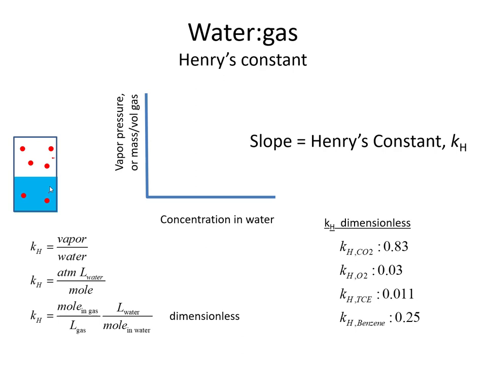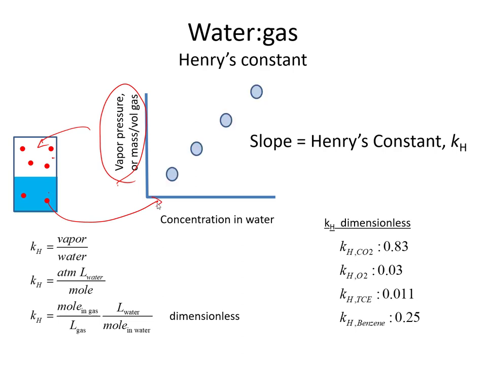And so what we can do then is repeat that experiment and plot up the results. So here's the vapor pressure or the mass per volume in the gas as a function of the concentration in the water.